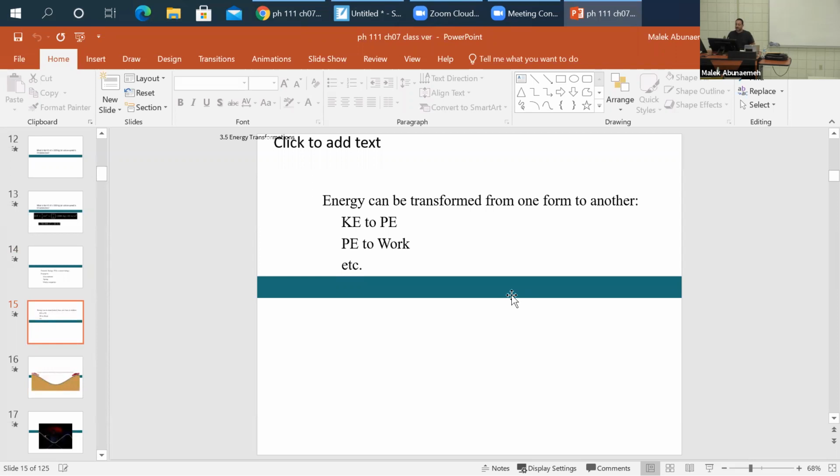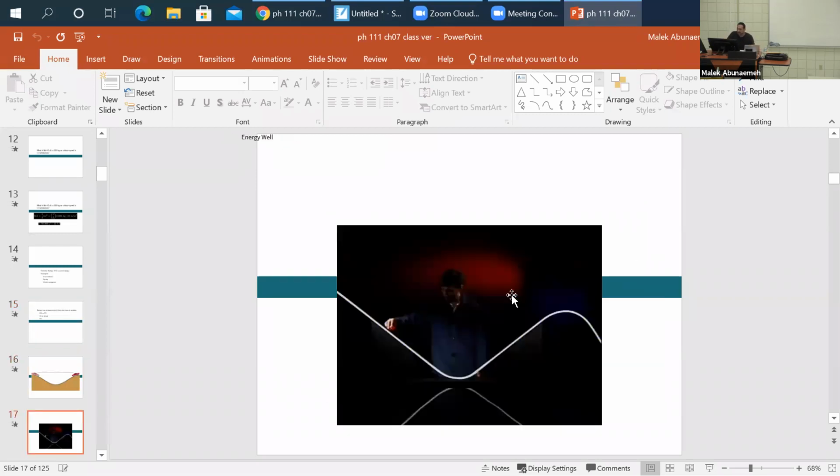Energy cannot be destroyed, it can be conserved, it can be converted from one form to another. So you can go from kinetic to potential energy, and from potential energy to work, etc. So let me just write this down.